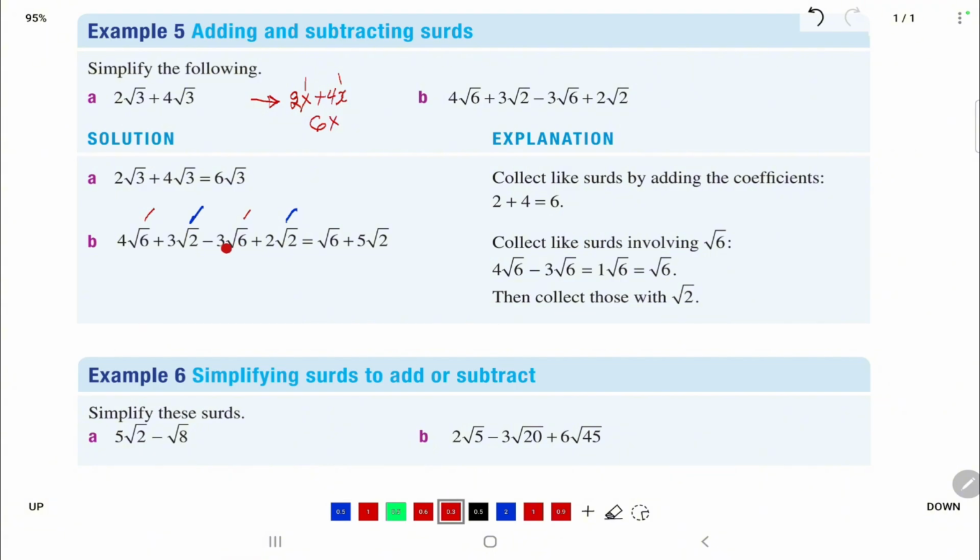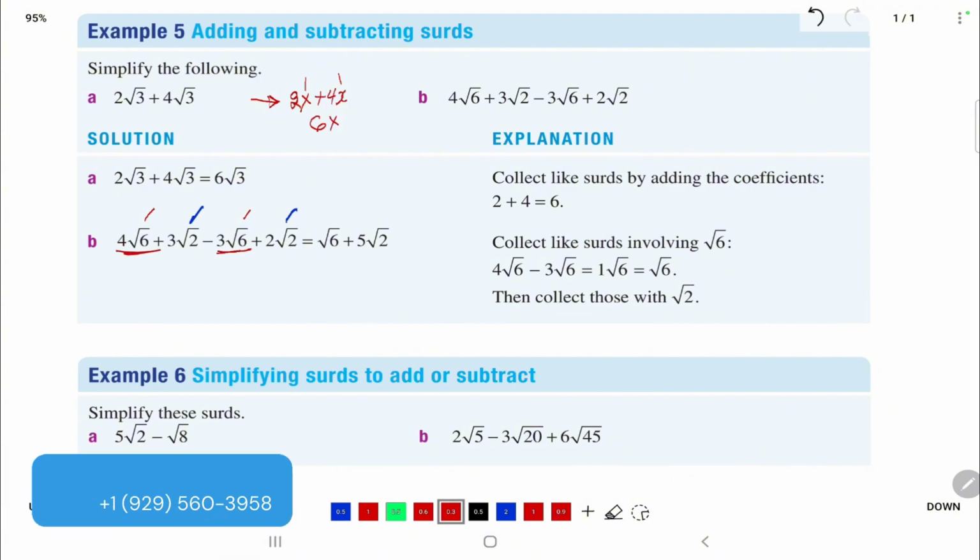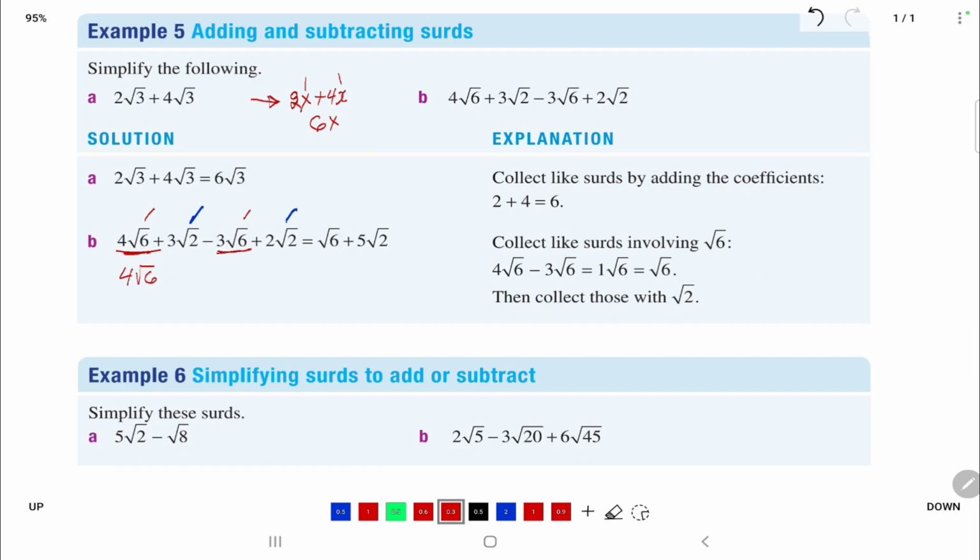So I'll collect these two terms, 4 square root of 6 and minus 3. So I'll do it like this: 4 square root of 6 minus 3 square root of 6. I'll collect like this. You see, here it is plus 3 square root of 2 plus 2 square root of 2.